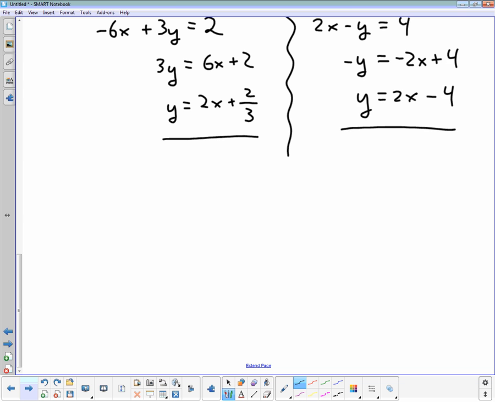Now, there is a name for this, and I always mess these up, so I wrote them down. Consistent, inconsistent, dependent, independent. Remember those? I always mess up these definitions.